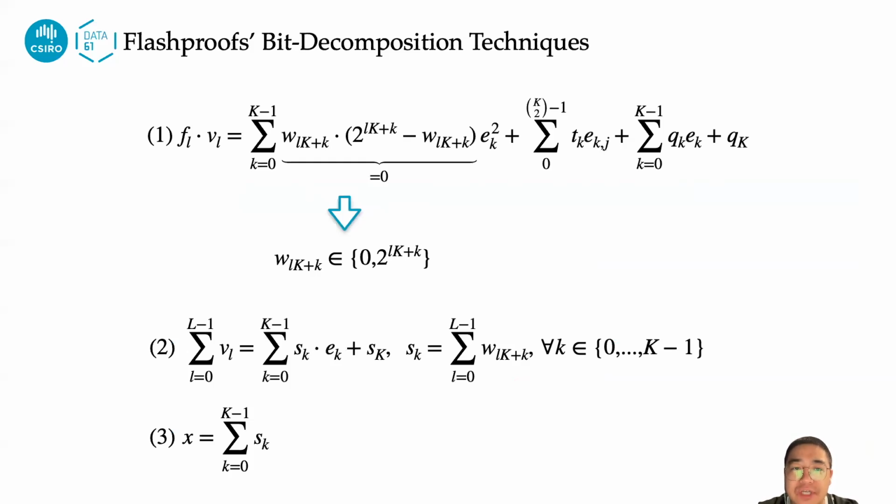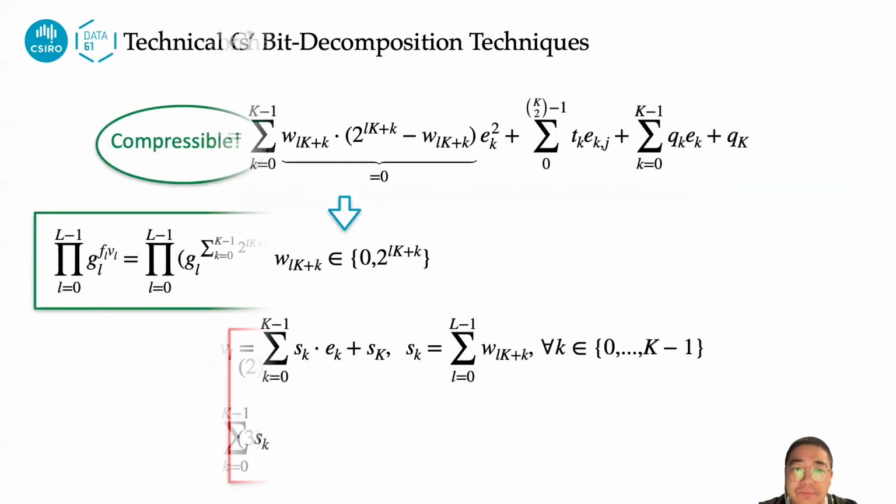The second equation checks each SK hides the number of W values in the kth column. The third equation verifies that the target value X is the sum of all the SKs. So it means that X is the sum of all the W values in the matrix.